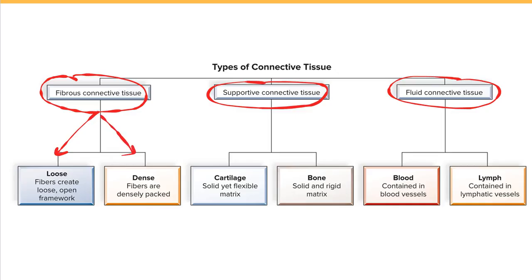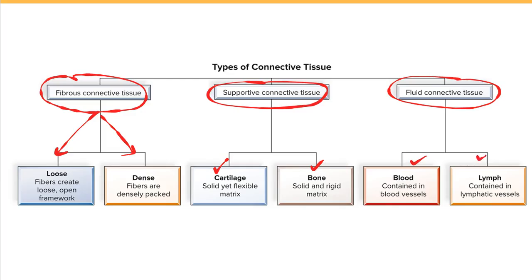Loose connective tissue means the fibers create a loose and open framework, and dense means they have densely packed fibers in their structure. Supporting connective tissue is cartilage and bone, and for fluid connective tissue we have blood and lymph.